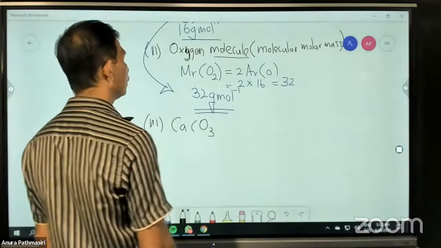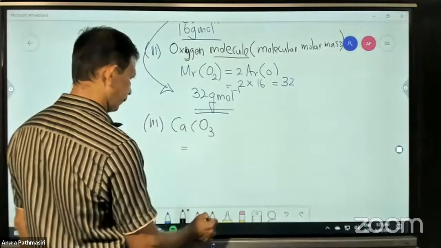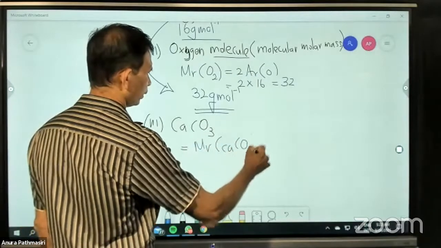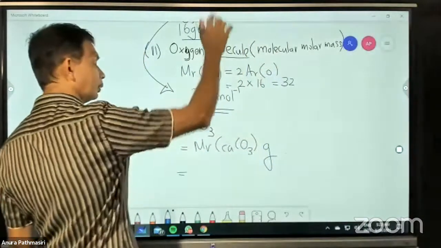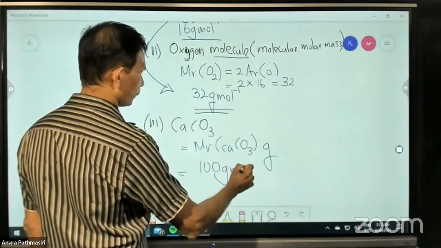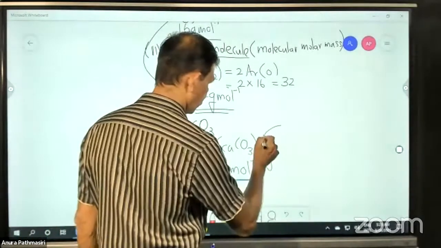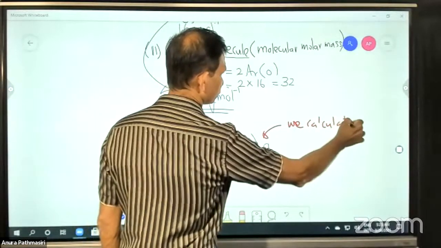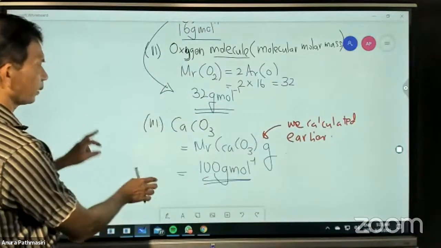Molar mass is the MR of CaCO3 in gram. Calcium carbonate, we found out earlier, is 100 gram per mole. This one we calculated earlier.